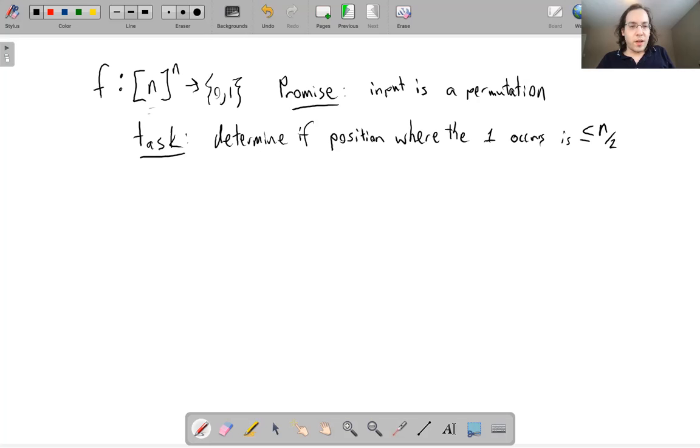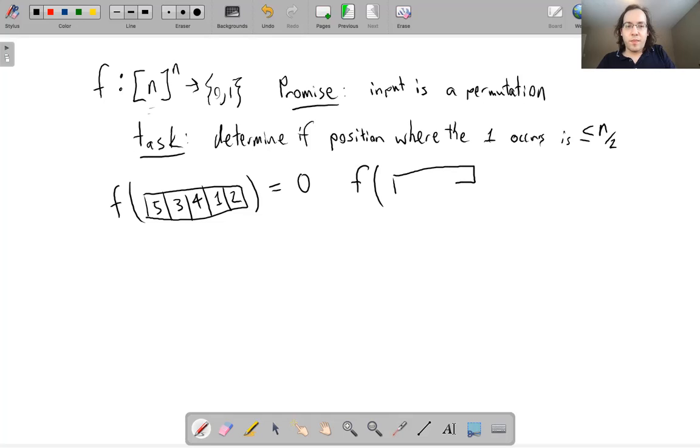So for example, if the input looks like 5, 3, 4, 1, 2, then f of this string is, let's say, 0 because the 1 is not in the first half of the string, whereas f of 1, 3, 2, 4, 5 is equal to 1 because the 1 is within the first half of the string.